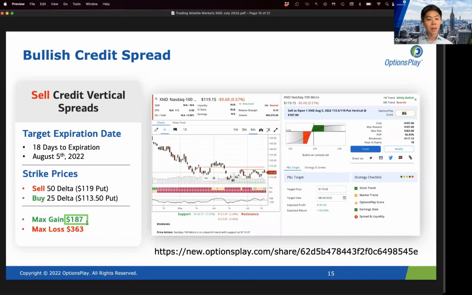Here I'm collecting $1.87 and risking $3.63. That's about a 2-to-1 risk to reward ratio. So it's not as strong a risk reward ratio on the bullish side as it is on the bearish side, but that's just what credit spreads currently are paying for a bullish credit spread here on the Nasdaq-100.